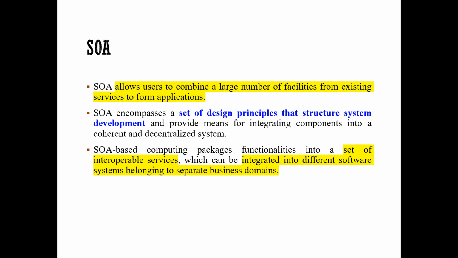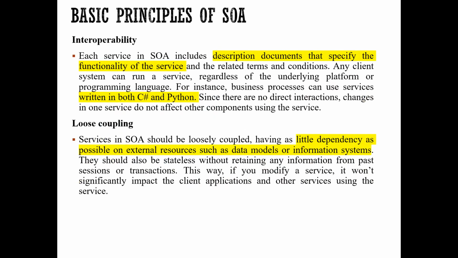Now let's see what the principles of SOA are. The first one is interoperability. Interoperability means different services can communicate with each other even if they are built in different technologies. For example, one service is written in Java, another in C Sharp, another in Python, but still they can all work together by communicating with each other.